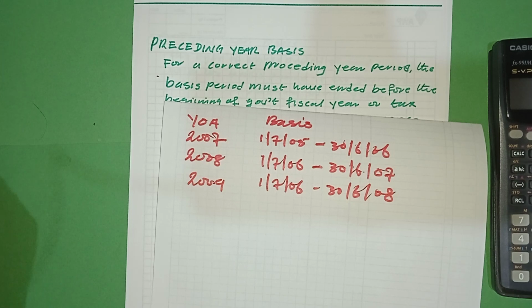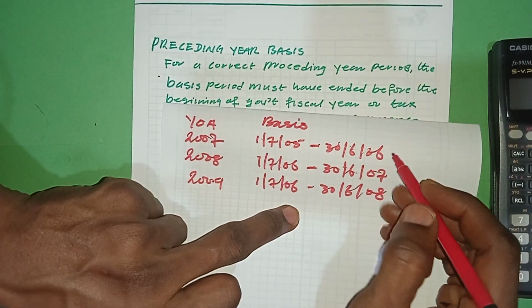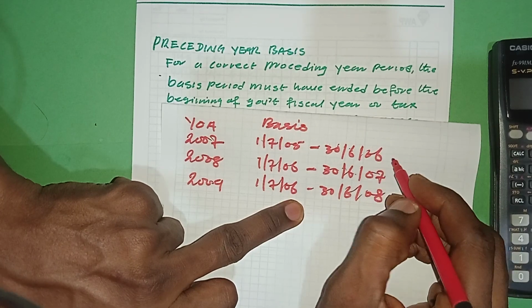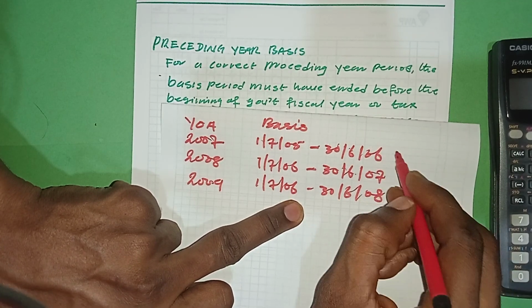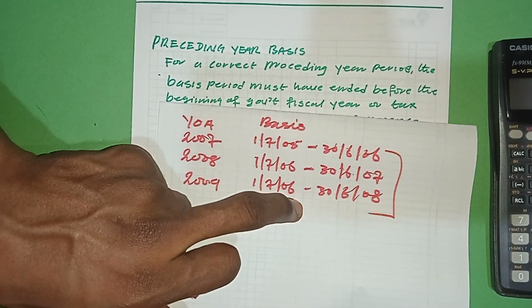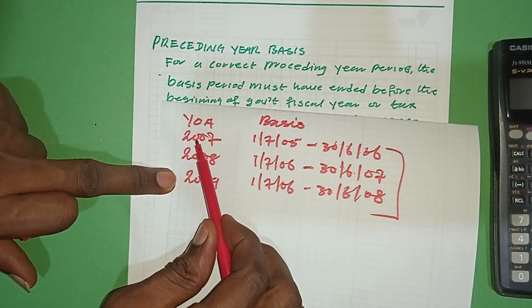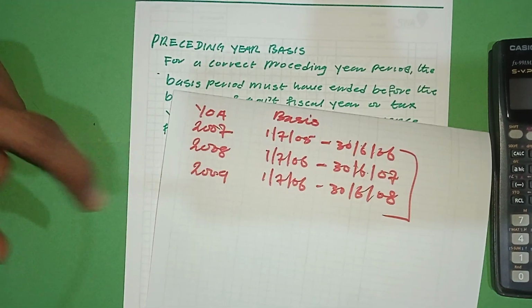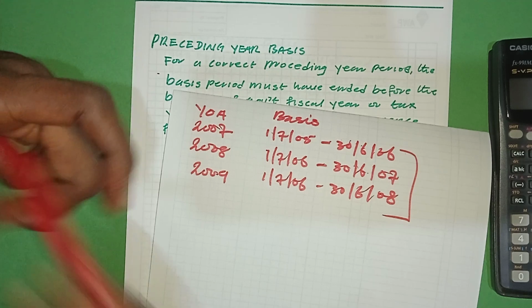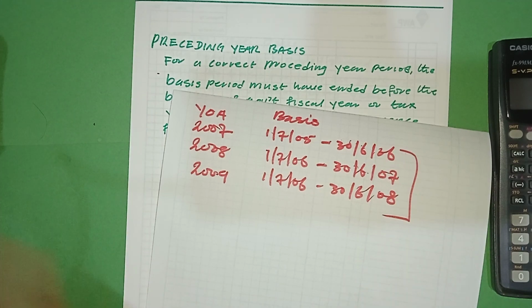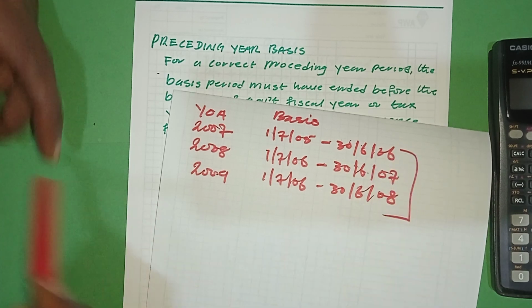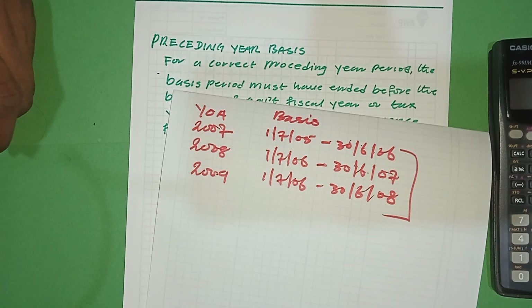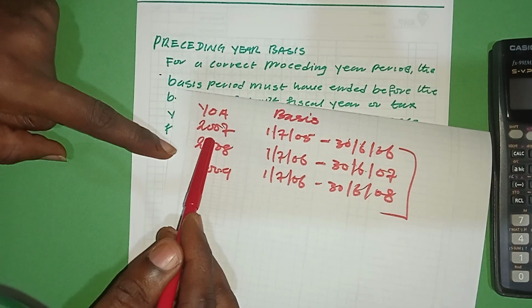Now, mind you, whatever year you see here, using preceding year basis, the year of assessment must be higher than it. You are seeing 2006 here as the year end of the financial year of the company. The government is going to assess and tax it in the following year, which is 2007.